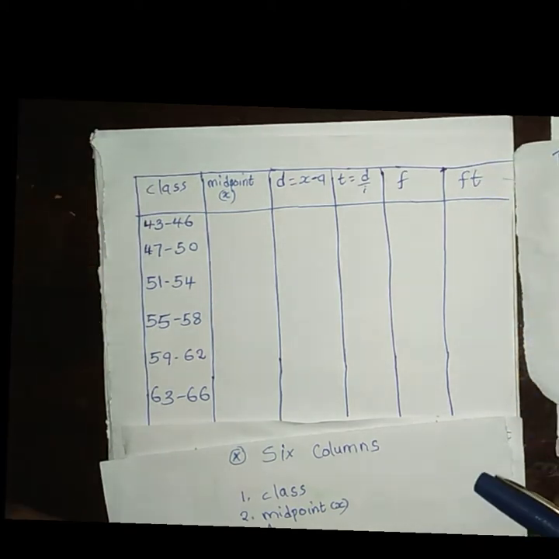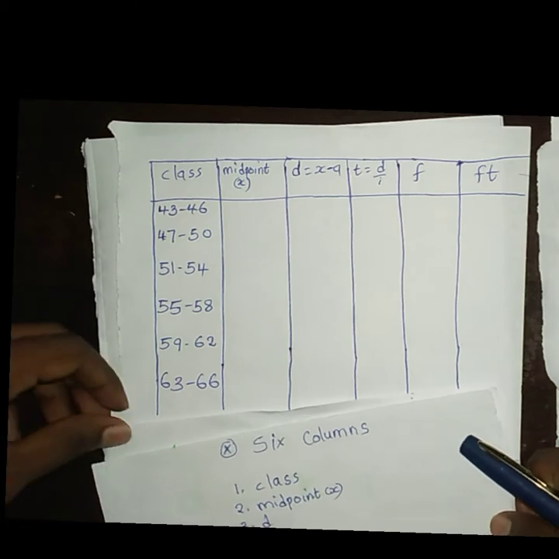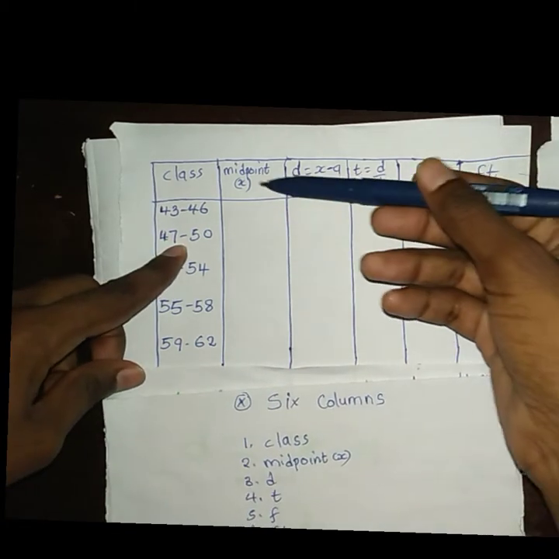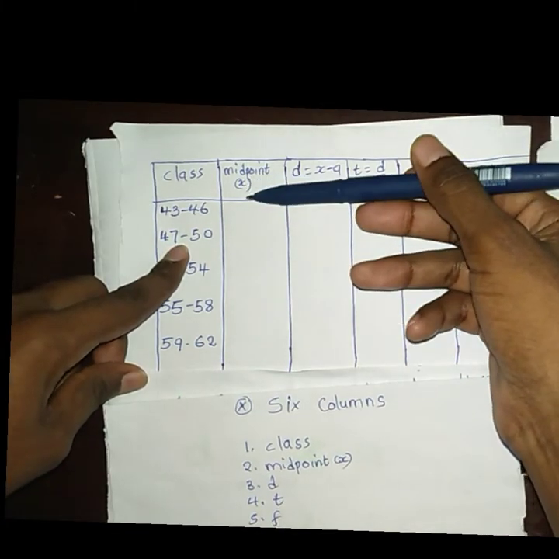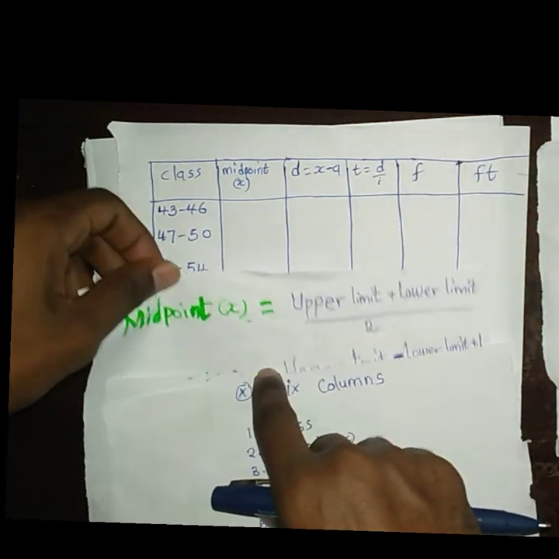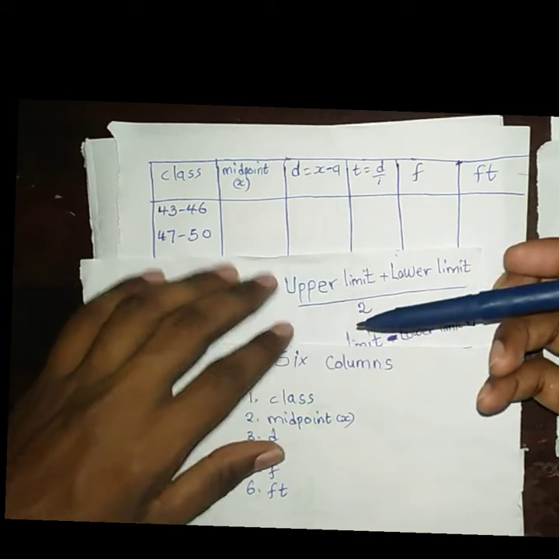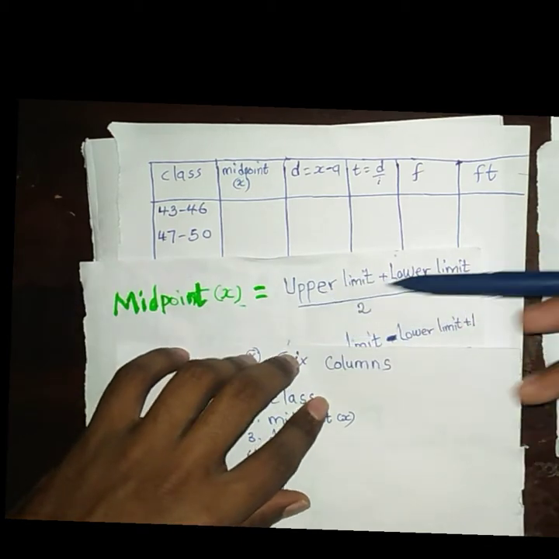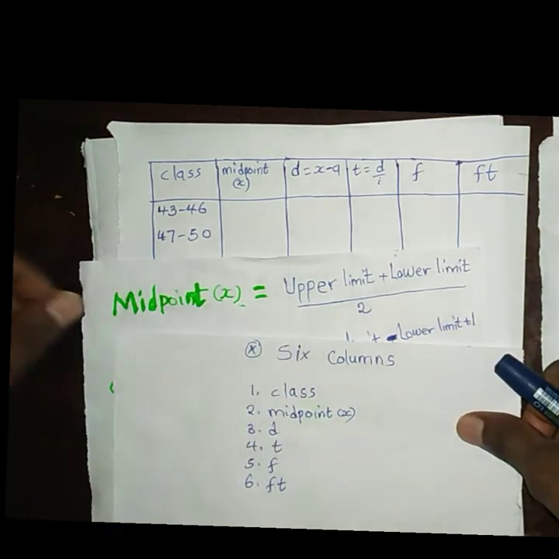And in our previous video, we have said the values of the midpoint column are calculated using this formula. We add the upper limit to the lower limit, then we divide by 2.